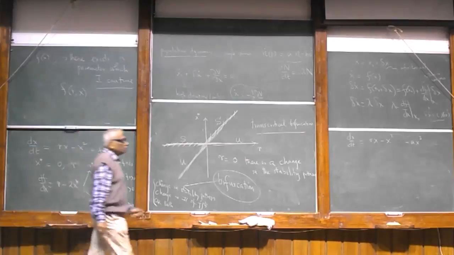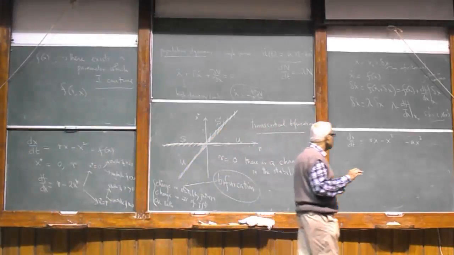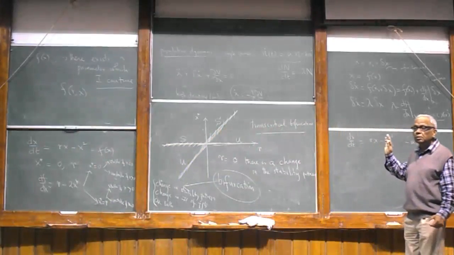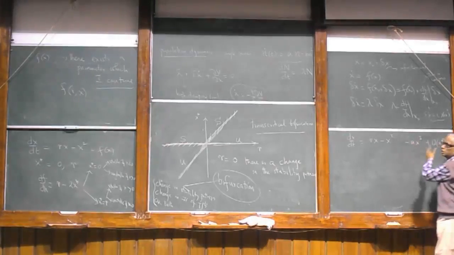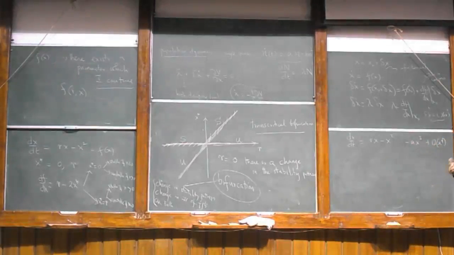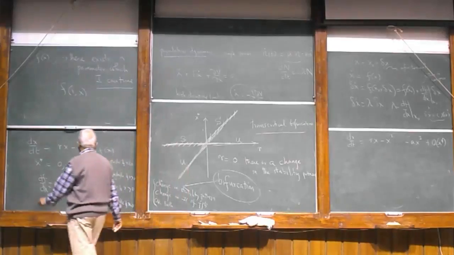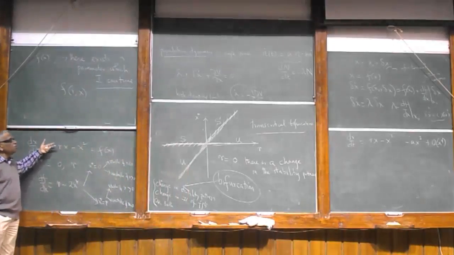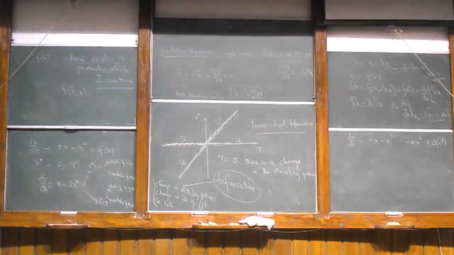You have thrown in all the higher powers. And the question is, can I still talk about dx/dt equal to Rx minus x squared as the canonical form for this particular bifurcation?